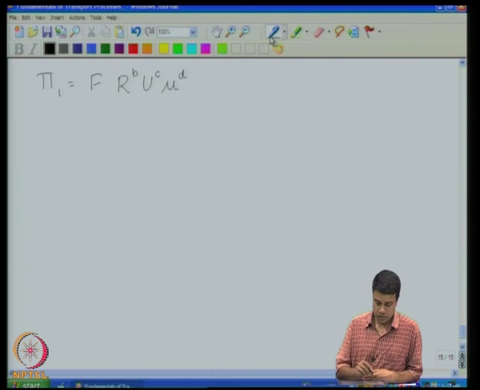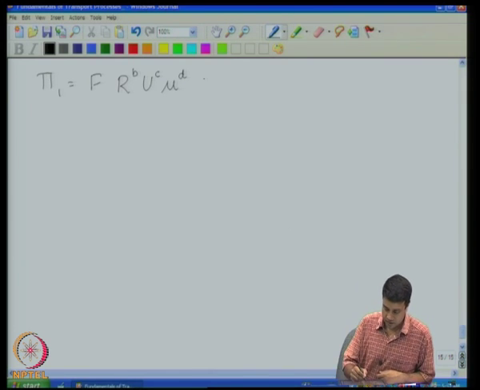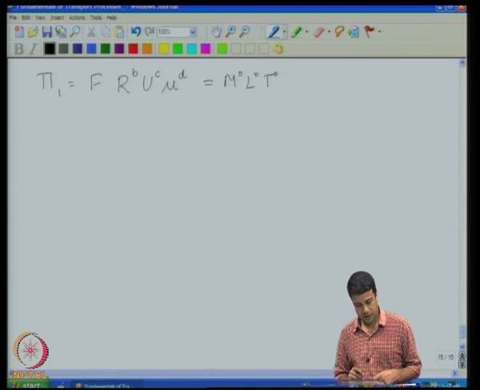So, I get a dimensionless group which involves force, distance, velocity and viscosity. This has to be dimensionless. So, it has to have mass power 0, length power 0, time power 0.